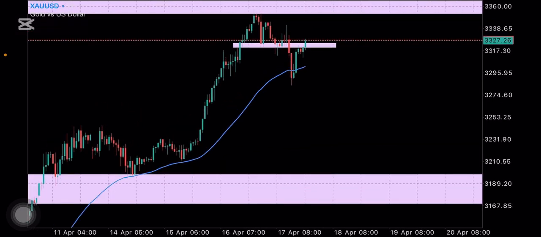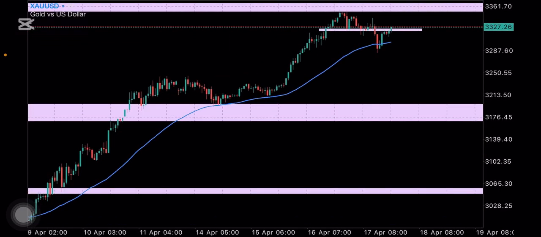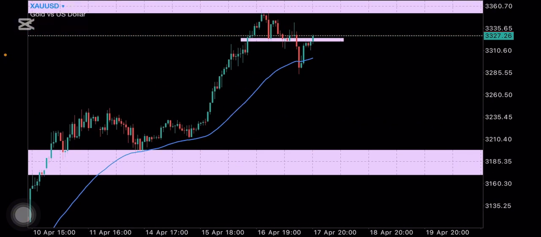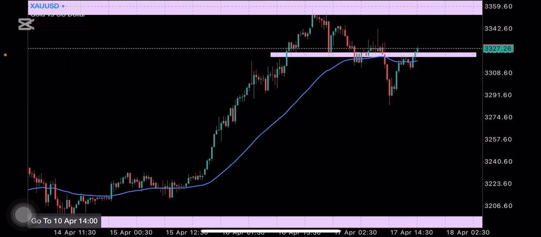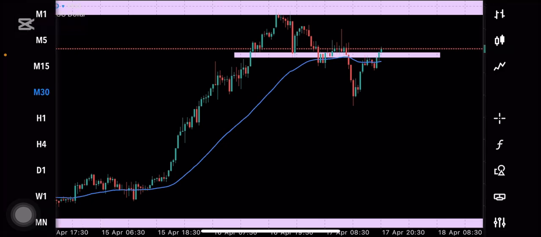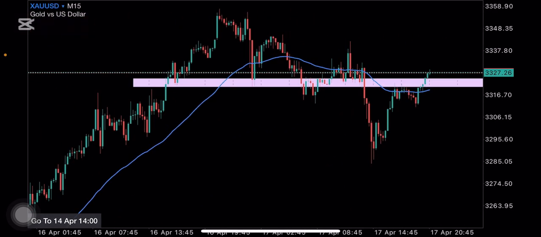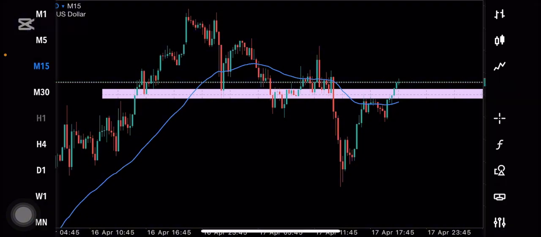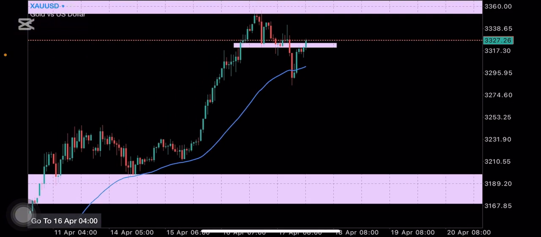We are really not seeing much here. But at this point, maybe I should go to M30. Okay, so there's nothing to go down to. I don't mark beyond H1. Sorry. M15 down is for entry.